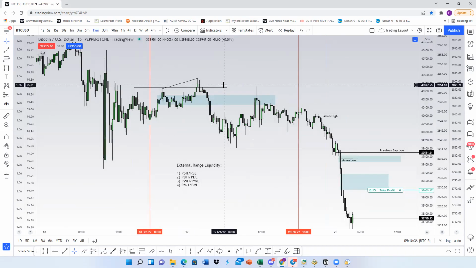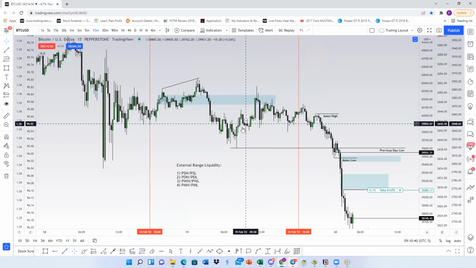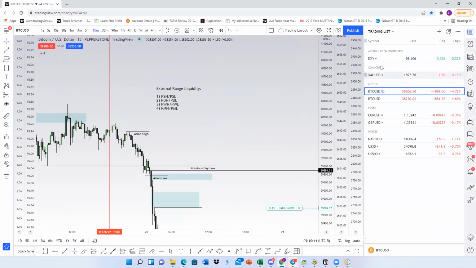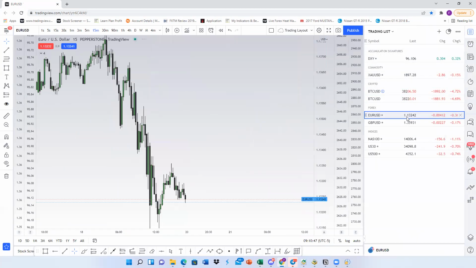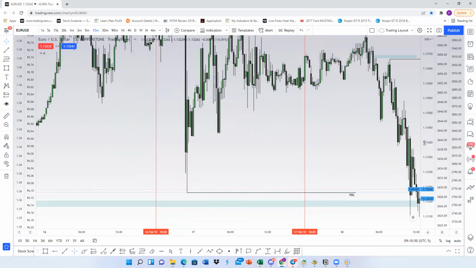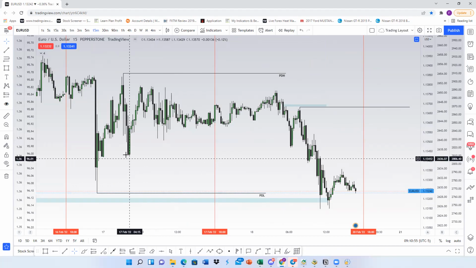All right, let's go and look at Euro. Remember when we had the live session, I was telling you guys it's going to take this one out, it's going to retrace, take this one, it's going to retrace?